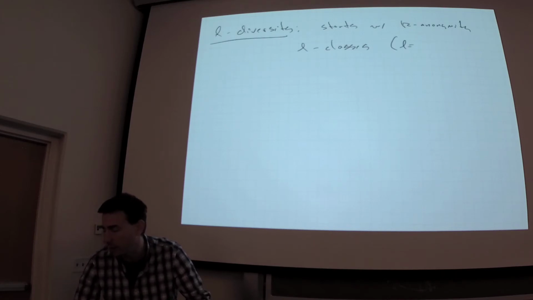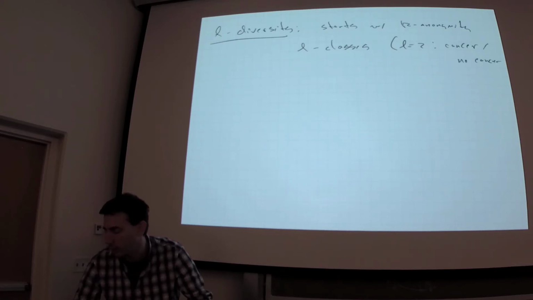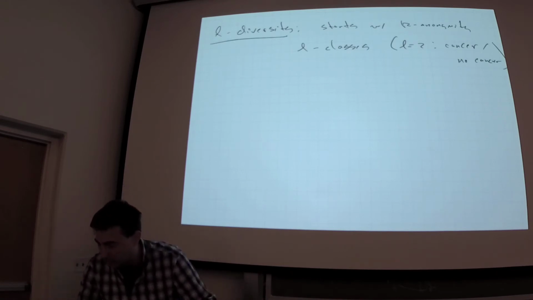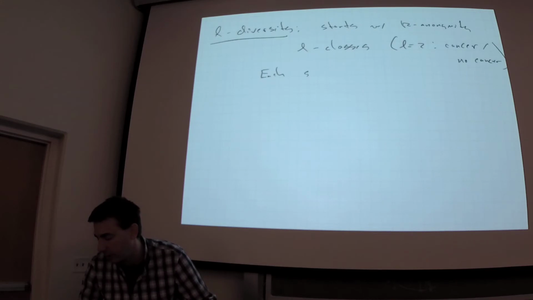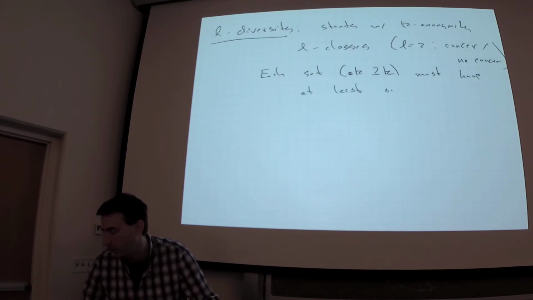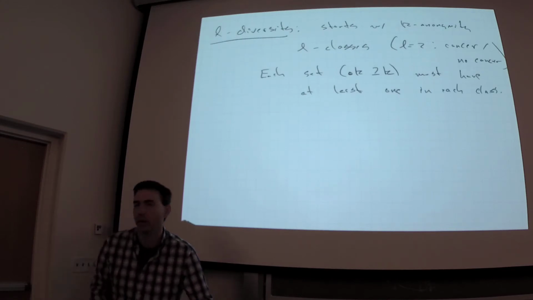So let's say L equals 2, and there's cancer and no cancer. What it says is that each set of greater than or equal to K must have at least 1 in each class.